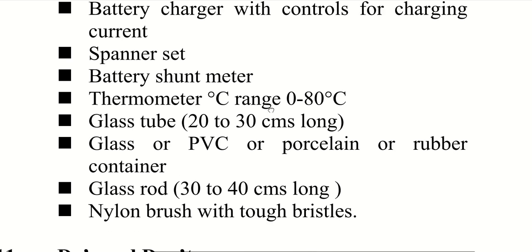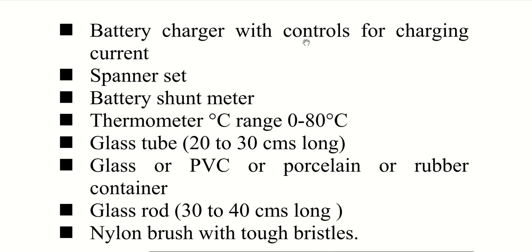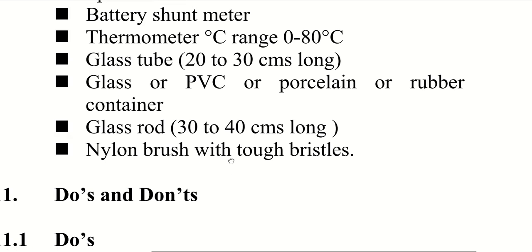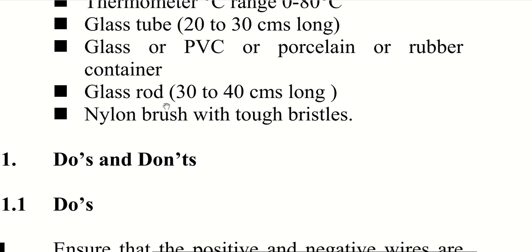A battery charger with controls of charging current, a spanner set, battery hydrometer, thermometer in degrees Celsius 0 to 80, a glass tube 20 to 30 centimeters long, a glass or PVC porcelain rubber container, a glass rod 30 to 40 centimeters long, and a nylon brush.